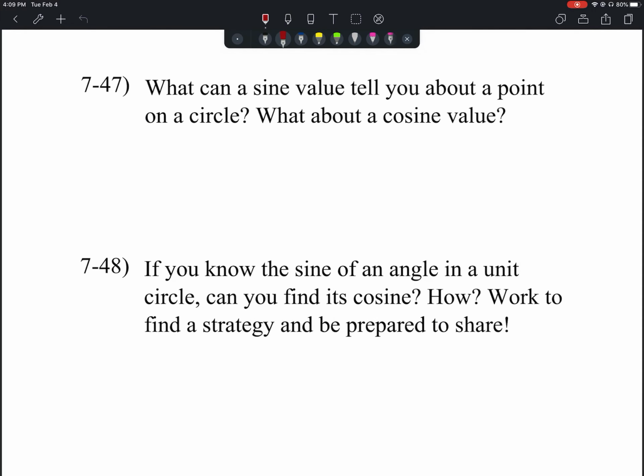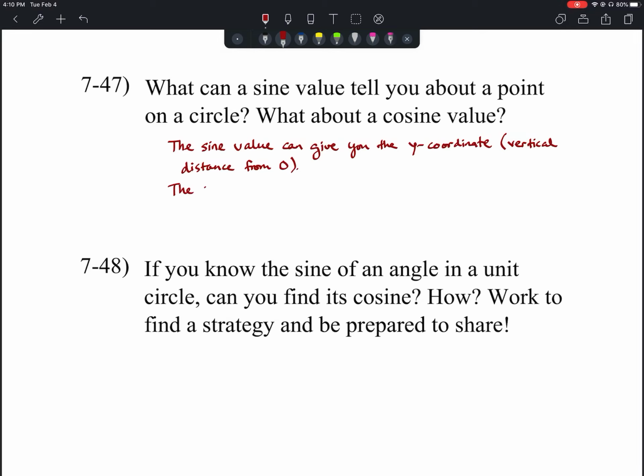So in other words, what can a sine value tell you about a point on a unit circle? The sine value can give you the y-coordinate, or its vertical distance from 0. And what about the cosine value?